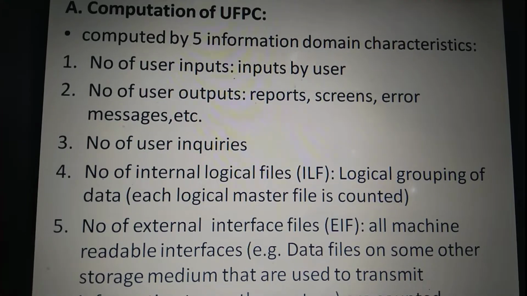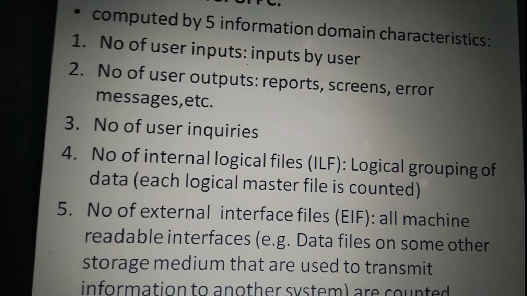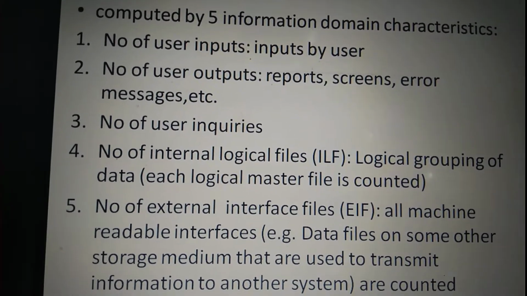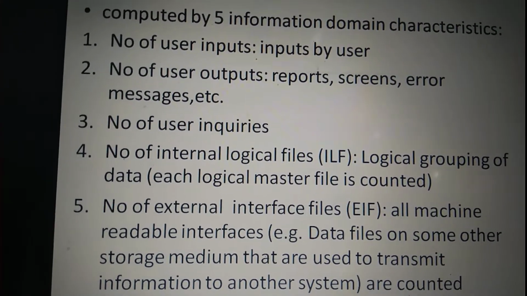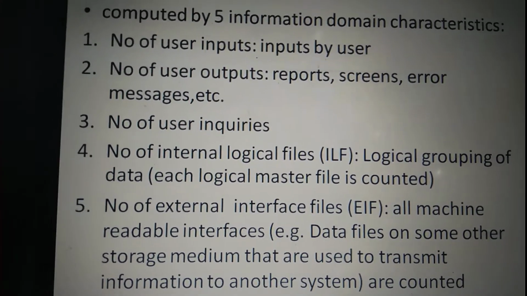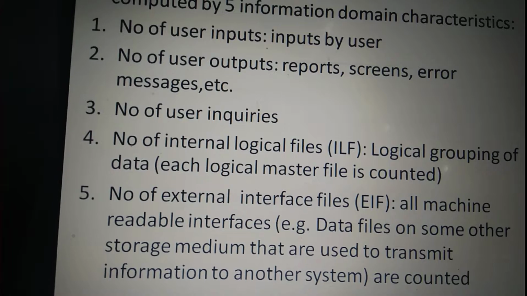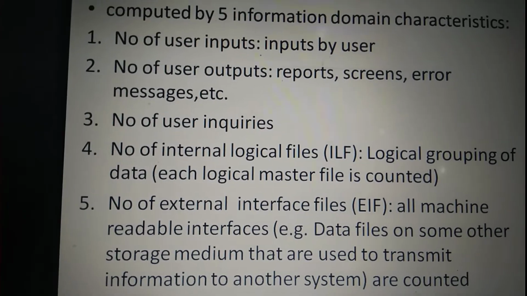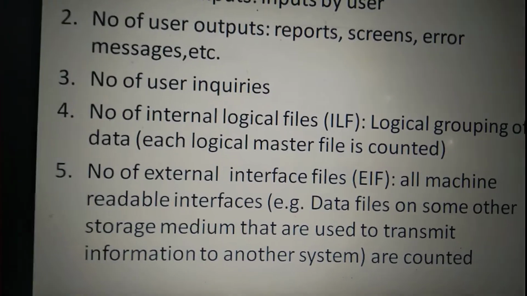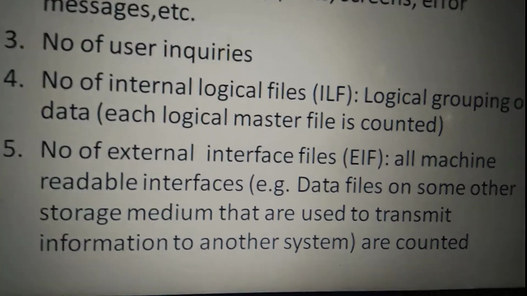For the computation of UFPC, we categorize 5 information domain characteristics. These are the number of user inputs given by the user, then the number of user outputs, number of user inquiries, number of internal logical files, and number of external interface files.